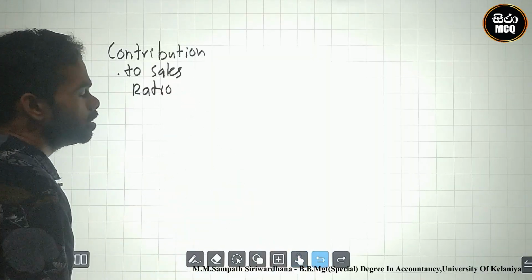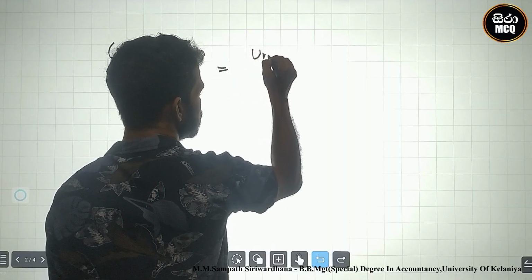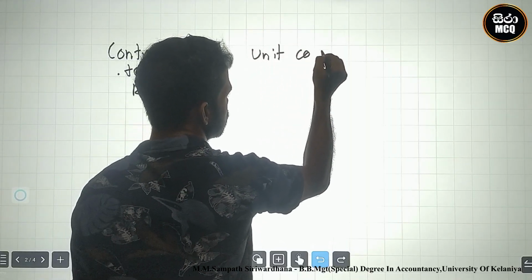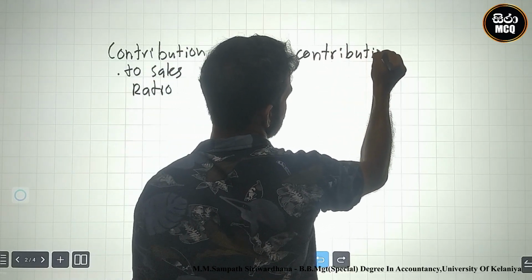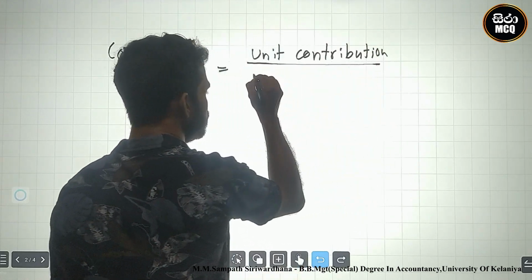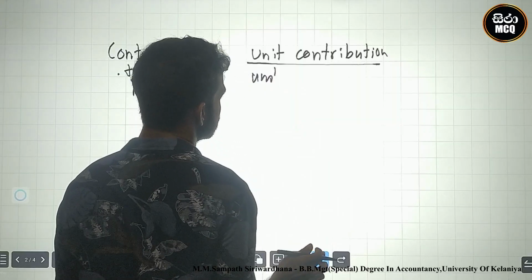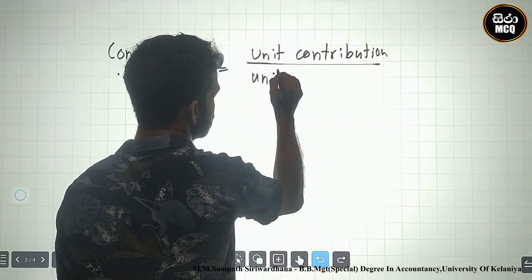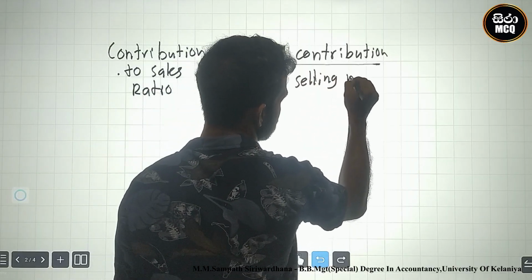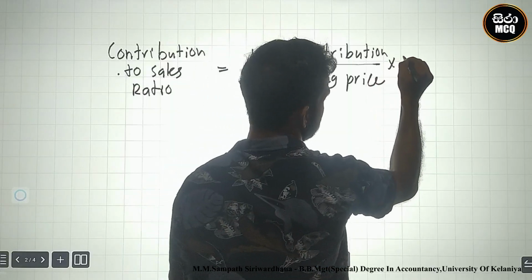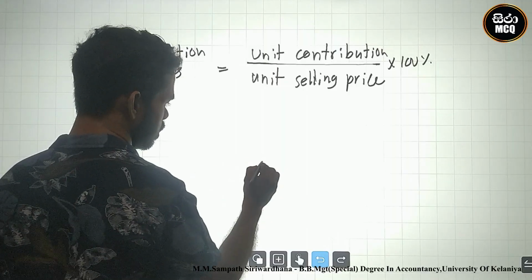Unit contribution divided by unit selling price, multiplied by 100. After that, you know, there's 60%.